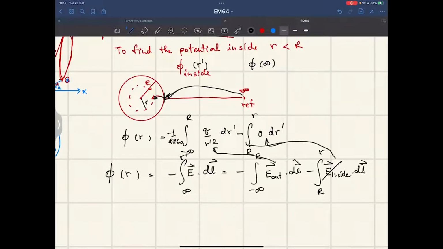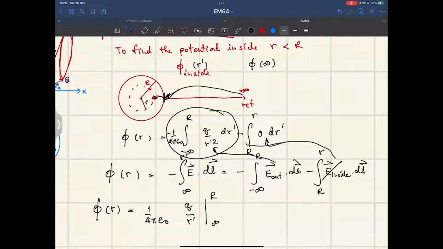E outside is this one. Is it clear? So what is our potential? It's only this term here, which we did already, right? It becomes 1/4 pi epsilon naught, q divided by r squared, from infinity to R.